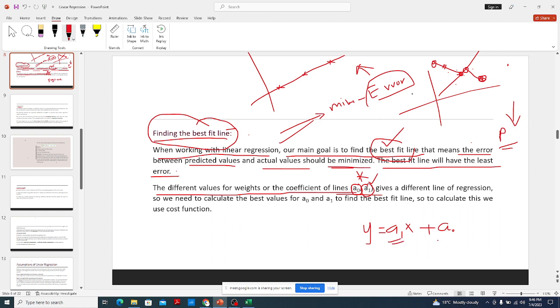This is our constant. Different values of the coefficients give different regression lines, so we need to calculate the best values for A0 and A1 to find the best fit line. To calculate this, we use what we call the cost function. And what is the cost function?